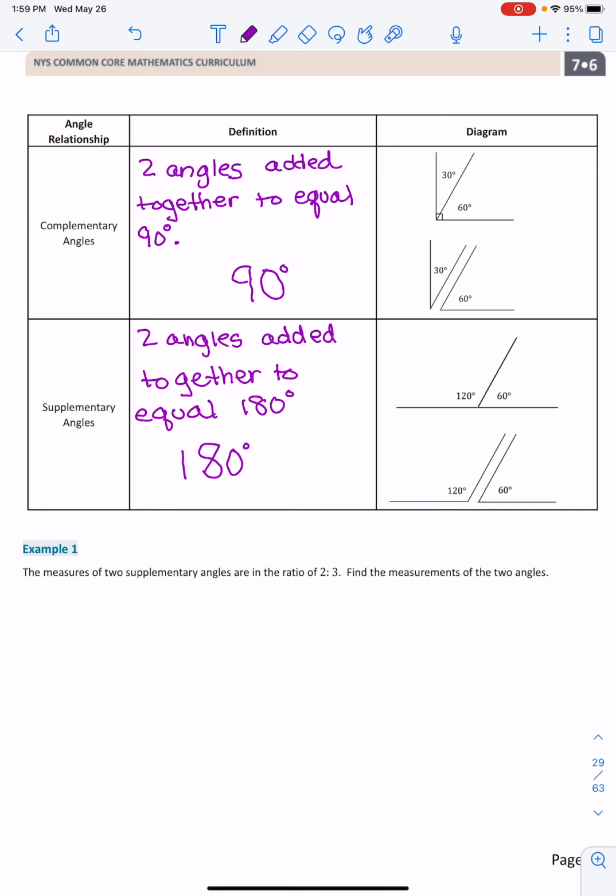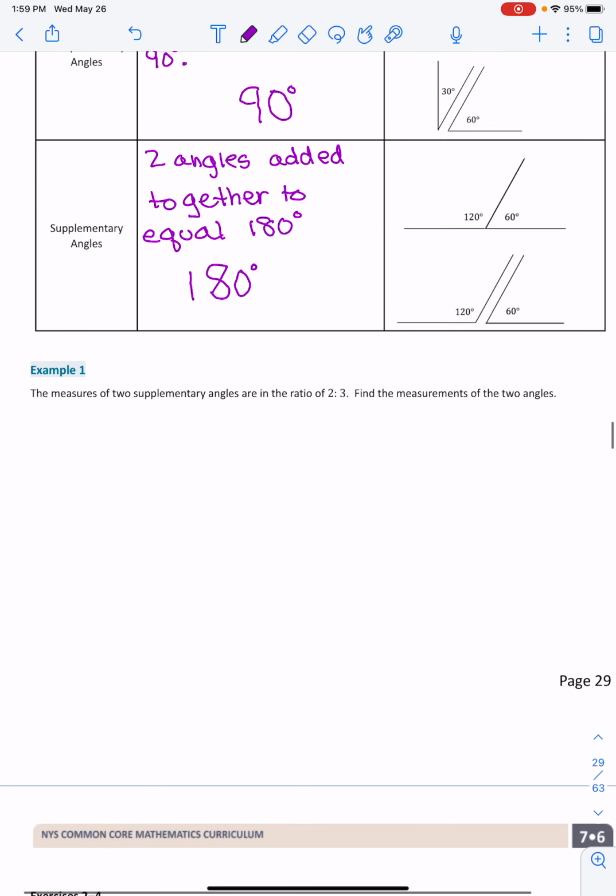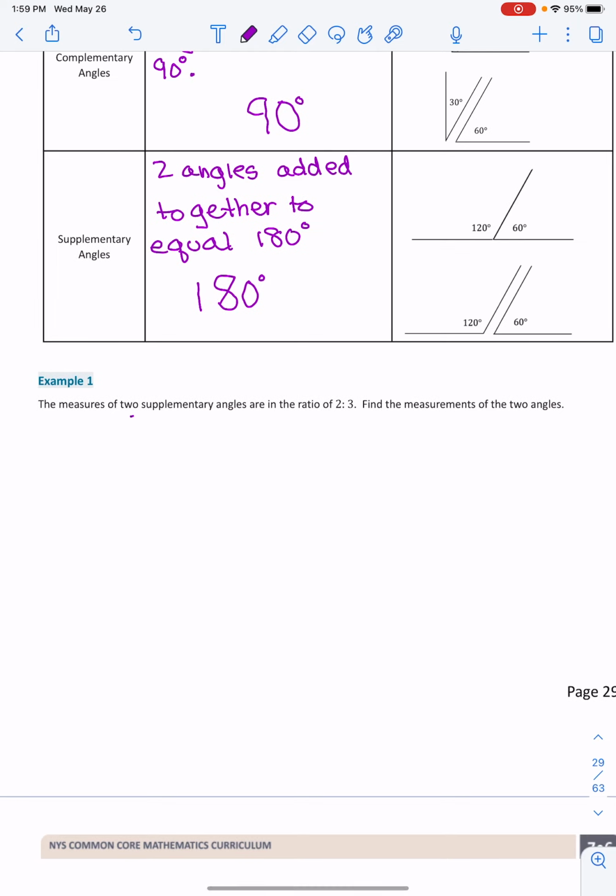So the next thing I'm going to do is example 1, and this is where we're going to end for the day. It says the measures of two supplementary angles are in a ratio of 2 to 3. Find the measurements of the two angles.